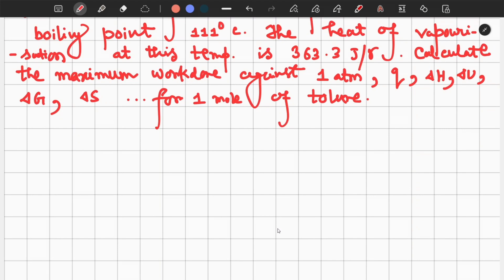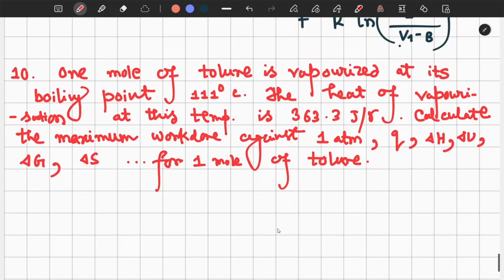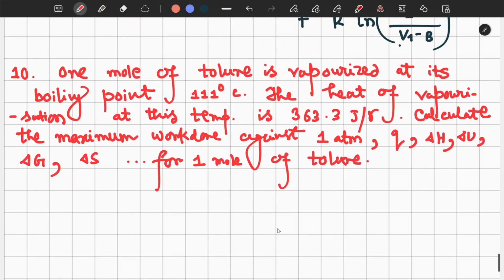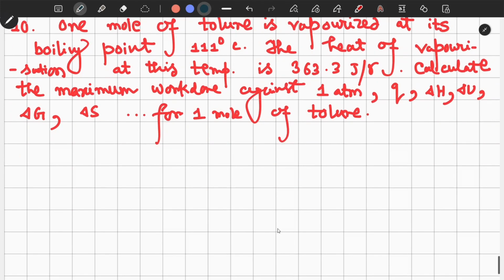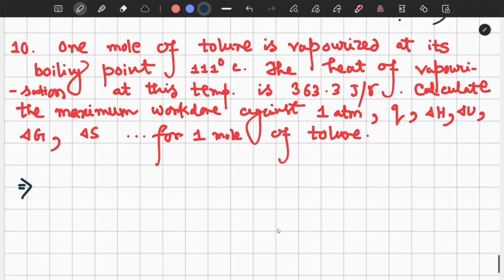The vapor behaves like an ideal gas. Okay, let me do it. After this question we will discuss the third law of thermodynamics. Delta H is the heat of vaporization. 1 mole of toluene is vaporized at its boiling point, 111 degree centigrade.